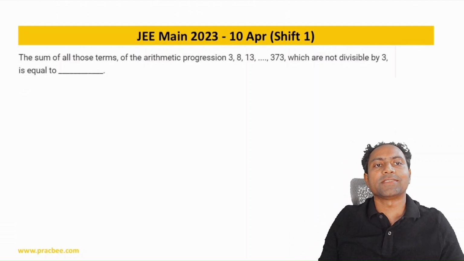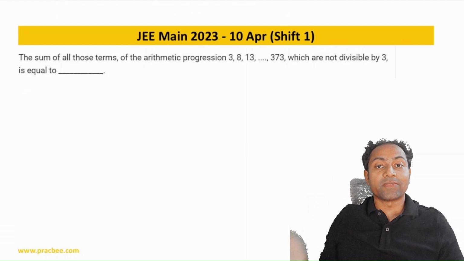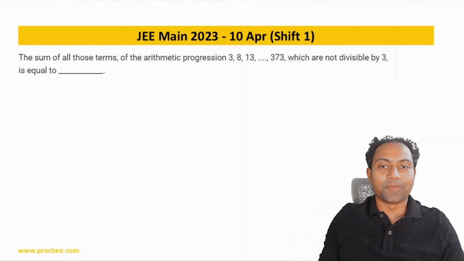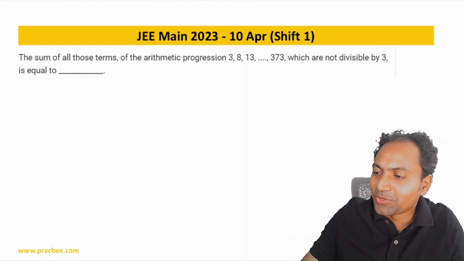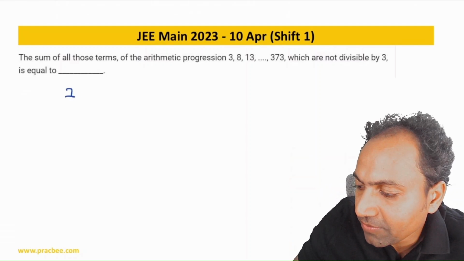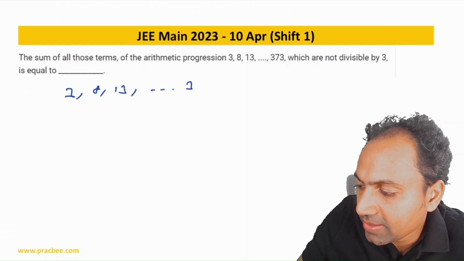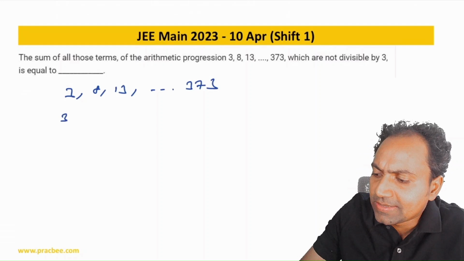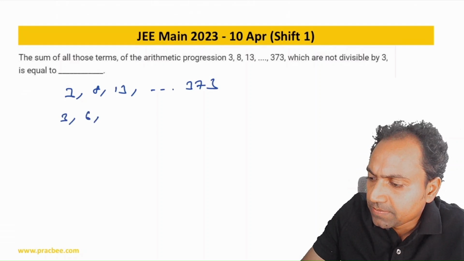What they're asking is, find the sum of all those terms of this AP which are not divisible by 3. This is very interesting. So we can use the concept of common AP to solve this question by writing our first series as 3, 8, 13 till 373, and another series as 3, 6, 9, and so on.